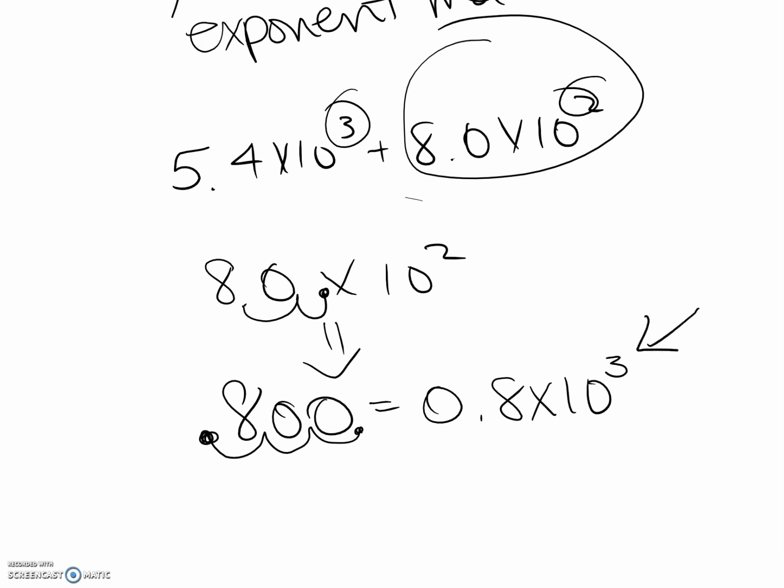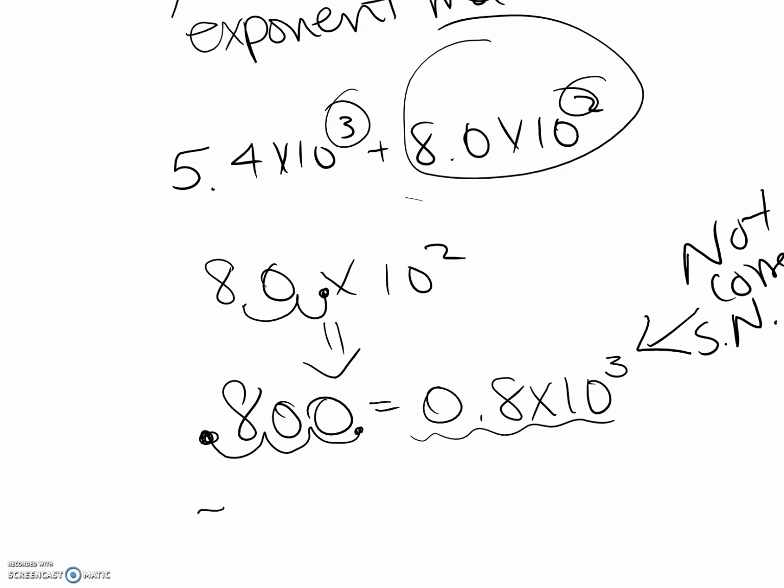This is not correct scientific notation. That's okay for this problem. As long as within the problem you have something that is not in the correct form of scientific notation, that's okay. But your end result must be.